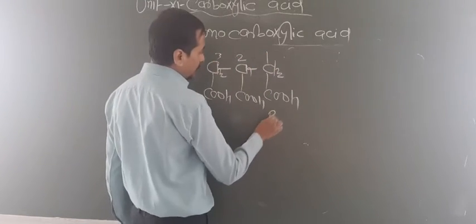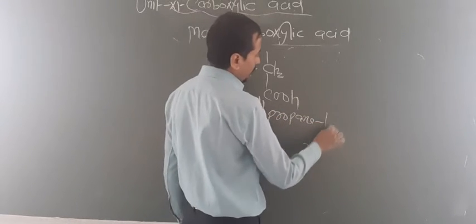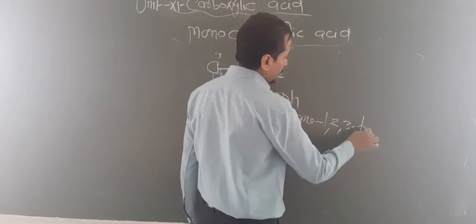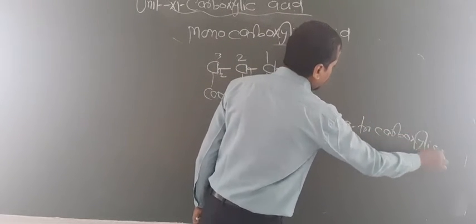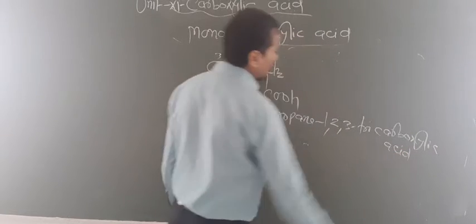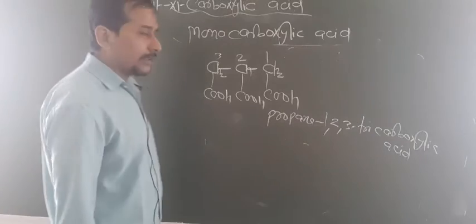So this is known as propane, then 1, 2, 3 tricarboxylic acid. So note down this. This is known as propane-1,2,3-tricarboxylic acid according to 1993 conventions.